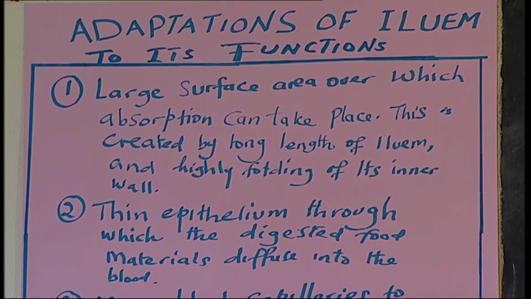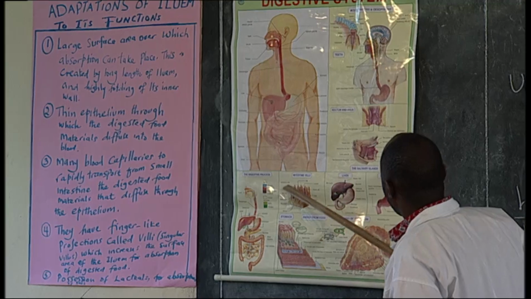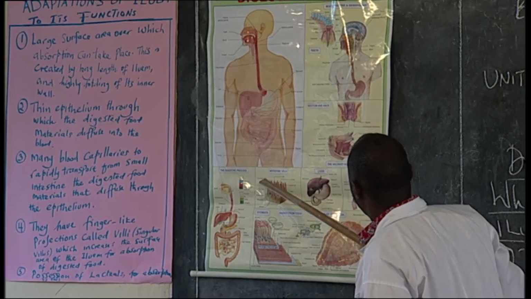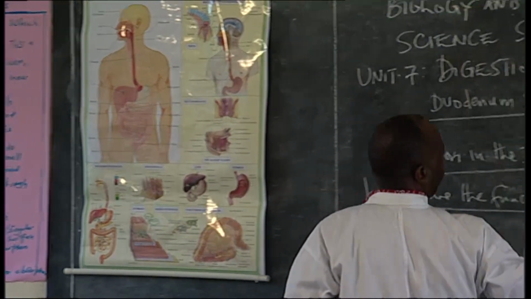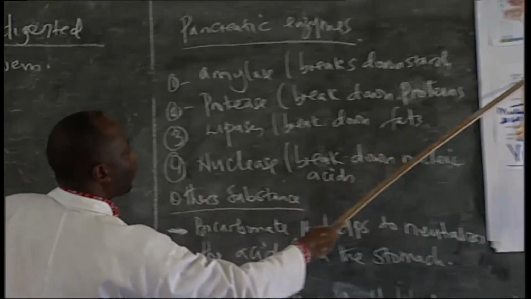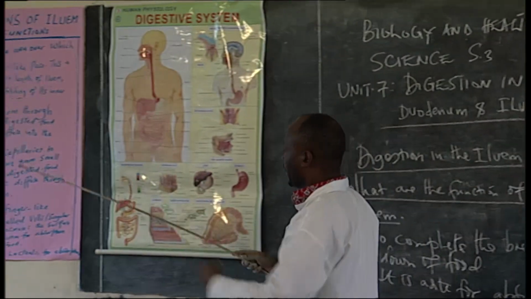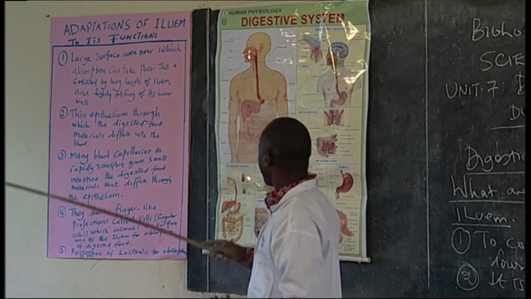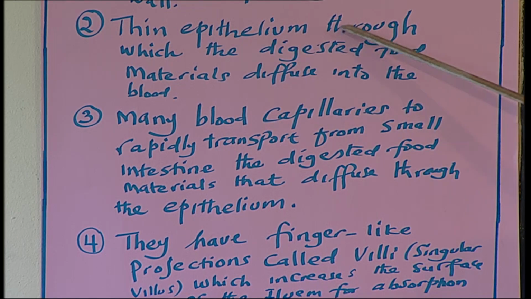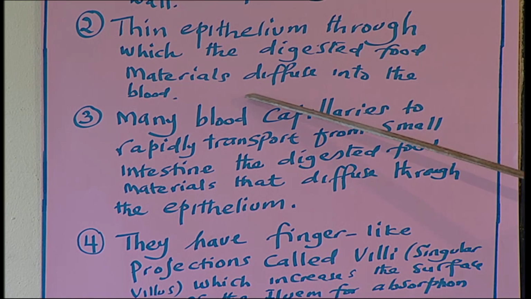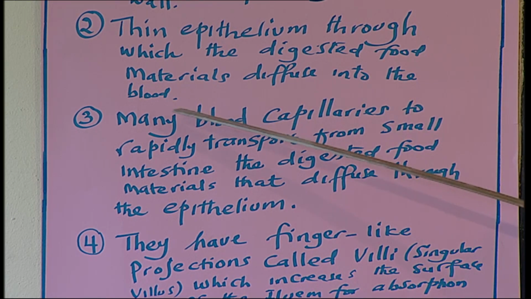Number two, we have a thin epithelium. On the diagram here, we have epithelium cells. The thinner the membrane, the faster the rate of diffusion. Thin epithelium through which digested food materials diffuse into the blood.